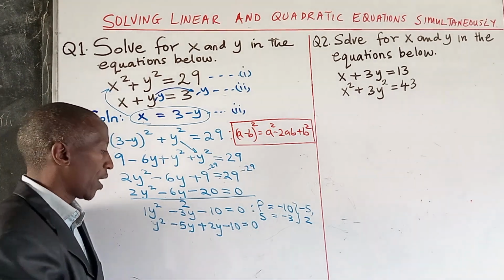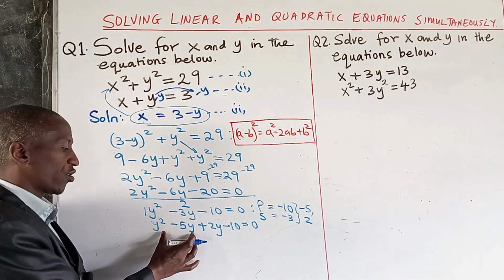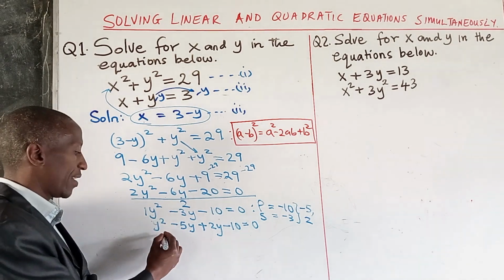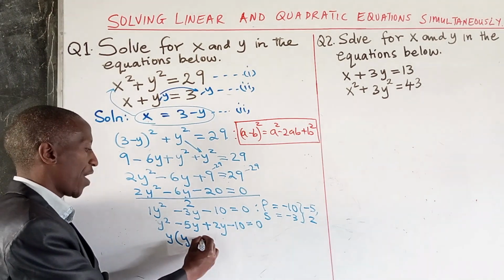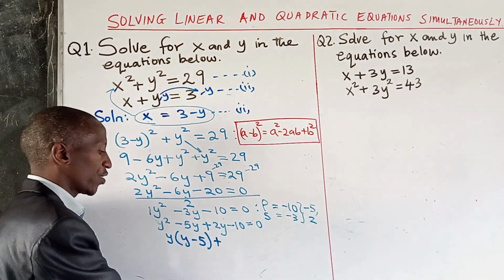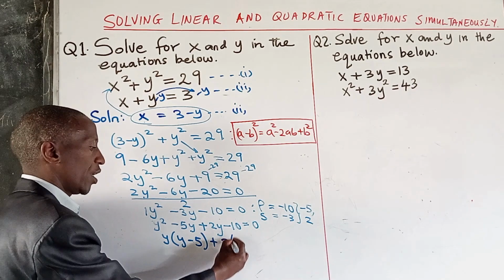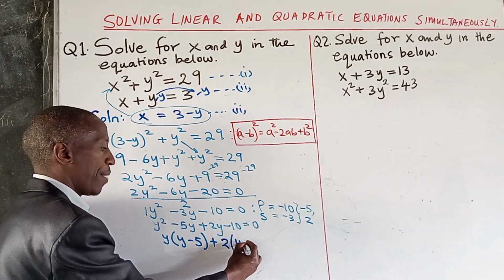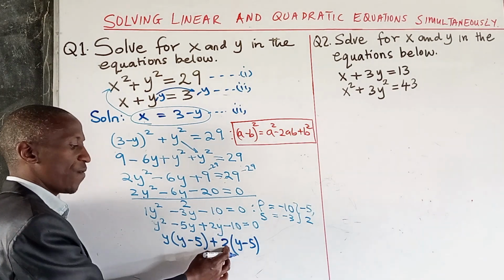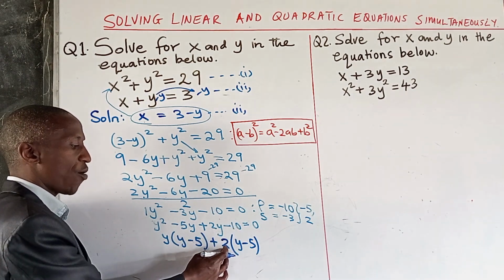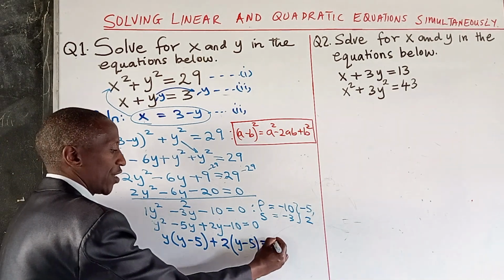Now with that, we are going to factorize what is common in the first part, and here we have y into y minus 5. We factorize what is common in the second part, and that happens to be a 2 into y minus 5. From negative 10, if we factorize a 2 out, we are left with negative 5, and that gives us 0.